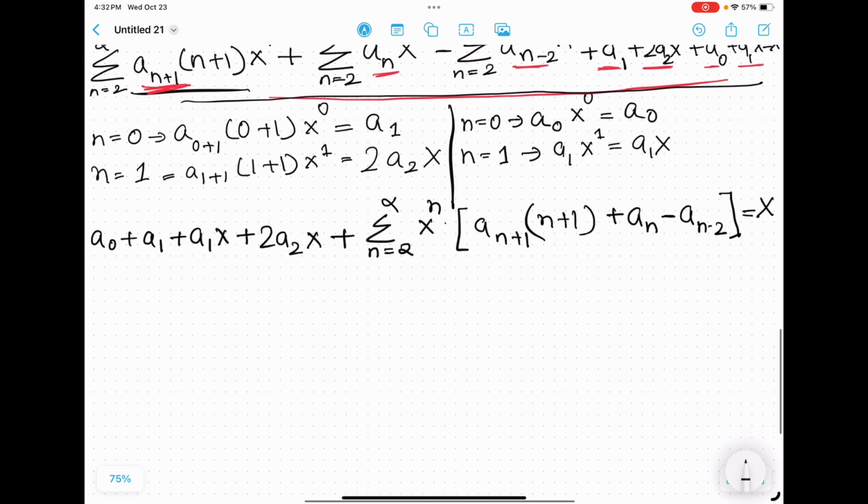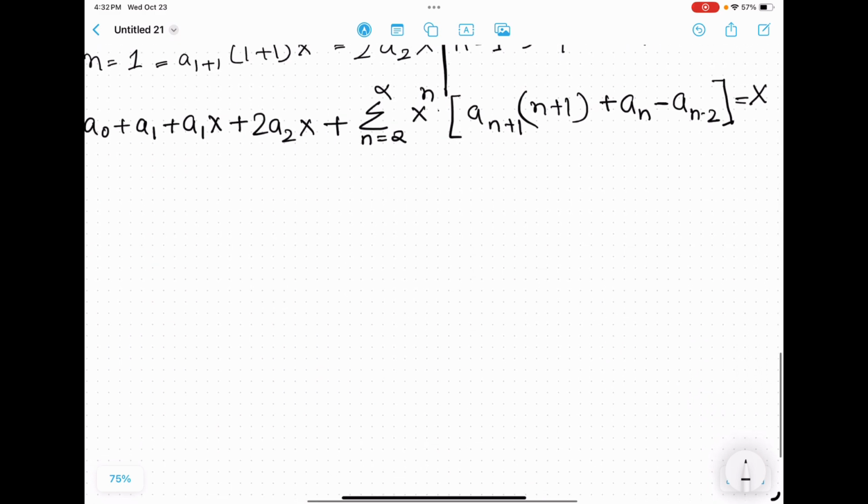Okay, so this is how it looks, and clearly we can see that we are doing a good job so far. And now I want to find what my coefficients are.